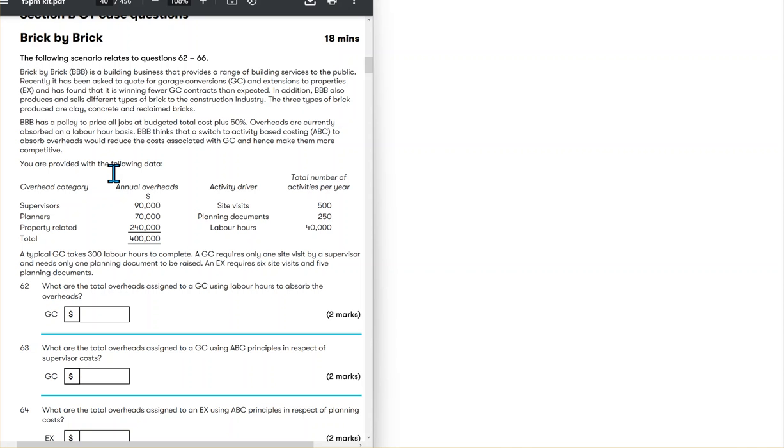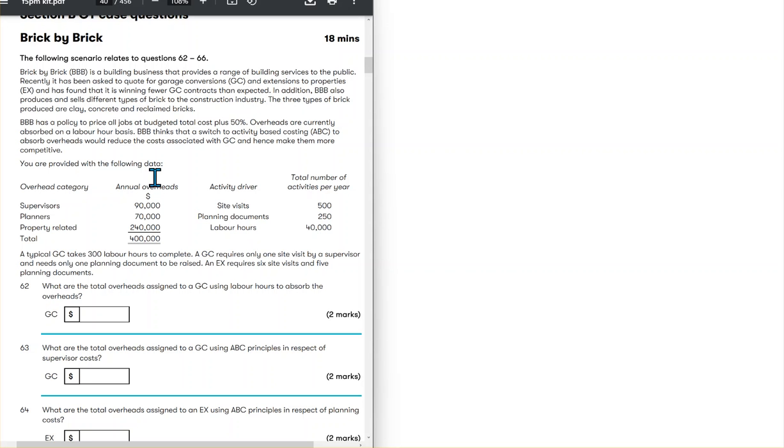Brick by Brick is a building business that provides a range of building services to the public. Recently, it has been asked to quote for garage conversion, GC, and extensions to properties, EX, and has found that it is winning fewer GC contracts than expected. In addition, BB also produces and sells different types of bricks to the construction industry.